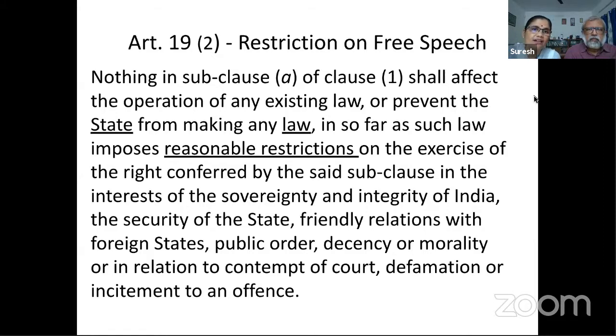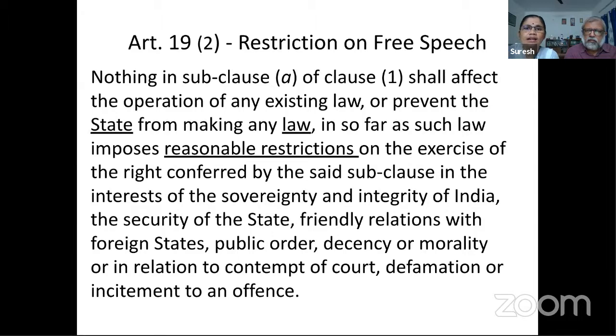As we have explained earlier, when we were dealing with the preamble and with Article 14, no right is absolute. No citizen can enjoy absolute rights, because all rights are in relation to some other competing rights. It could be competing rights of one individual or competing rights of other individuals.